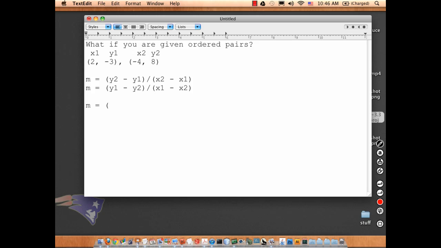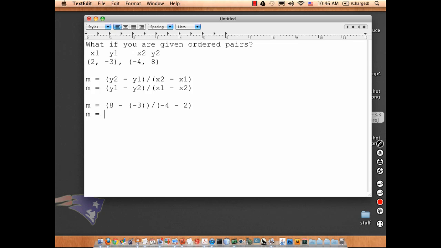We're given -3 or 8. You pick one. Which one do you want to start? 8. So 8 minus -3 divided by, now it matters. It matters now because he chose 8. So what does he have to choose as his x value? That's correct, -4. So -4 minus 2.